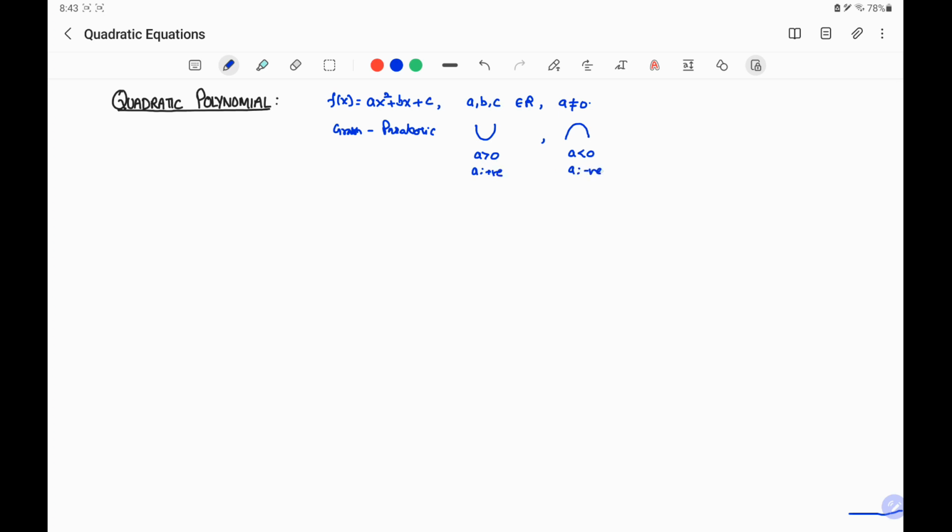Now we consider two cases: the graph of the quadratic polynomial intersecting with the x-axis and with the y-axis. First we consider intersection with the x-axis. Intersection with the x-axis implies that y equals 0.